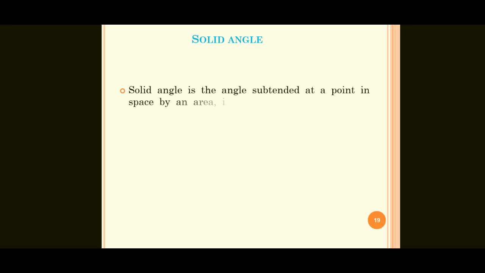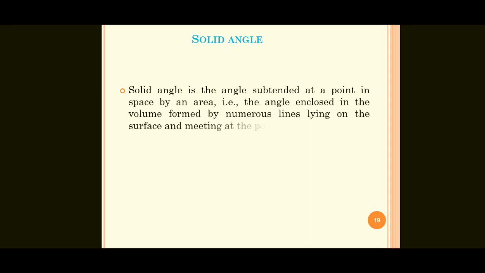Next one, solid angle. A solid angle is an angle subtended at a point in space by the area, that is, an angle enclosed in the volume formed by numerous lines lying on the surface and meeting at the point.